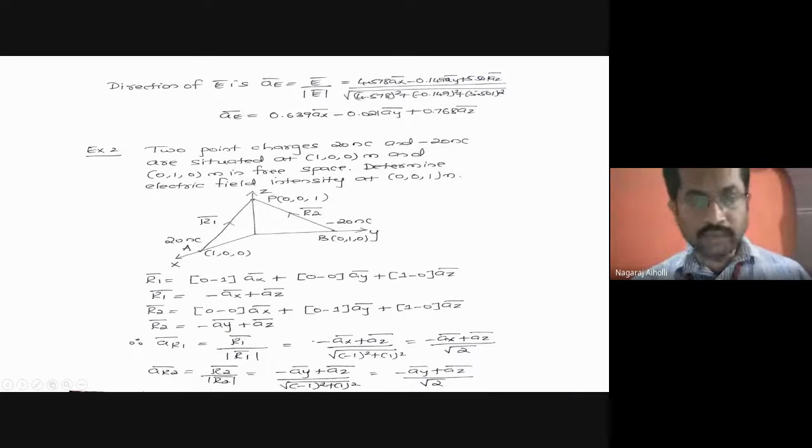Then AR2 bar is vector R2, between B to P, divided by its magnitude. We have found R2 bar, that is minus AY bar plus AZ bar, divided by its magnitude, the square root of minus 1 square plus 1 square. This comes out to minus AY bar plus AZ bar divided by root 2, because the square root of 1 plus 1 is square root of 2.